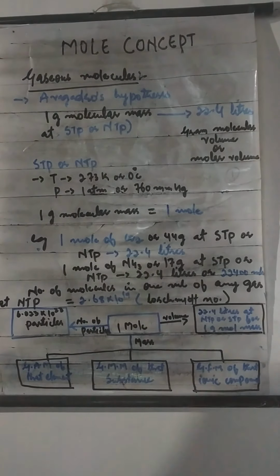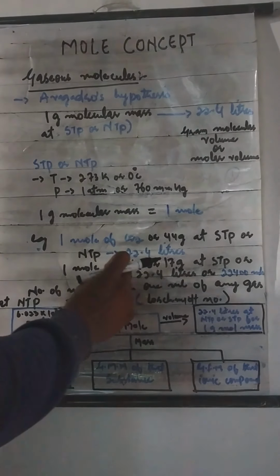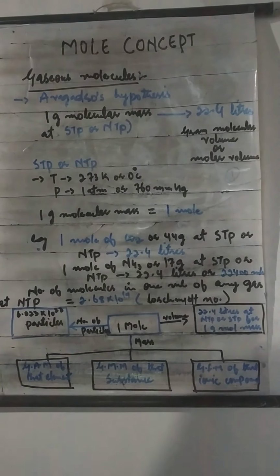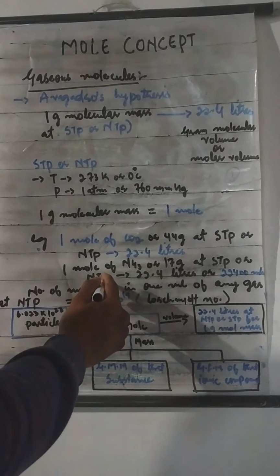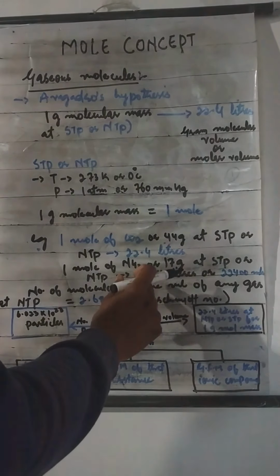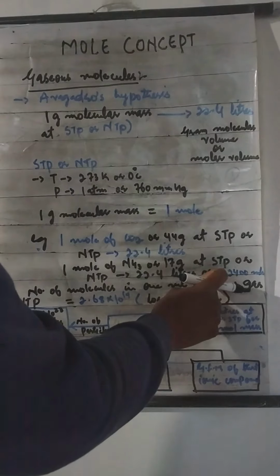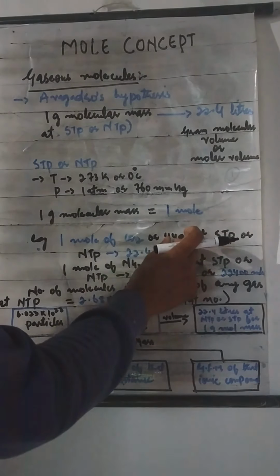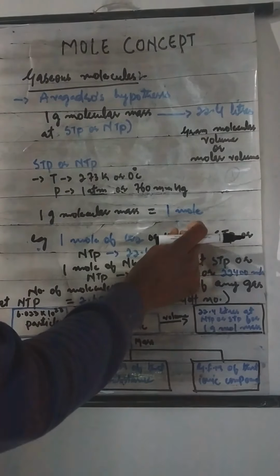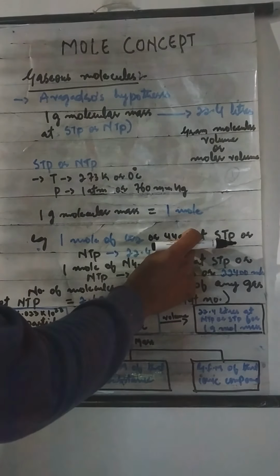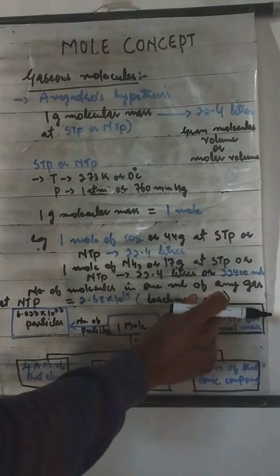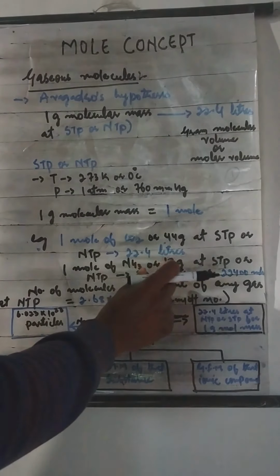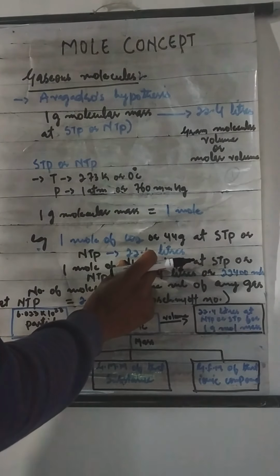The same is the case with ammonia. 1 mole of ammonia, or 17 grams of ammonia, at standard temperature and pressure occupies a volume of 22.4 liters or 22,400 ml. These 44 grams of carbon dioxide is the gram molecular mass of carbon dioxide, and 17 grams of ammonia is the gram molecular mass of ammonia.